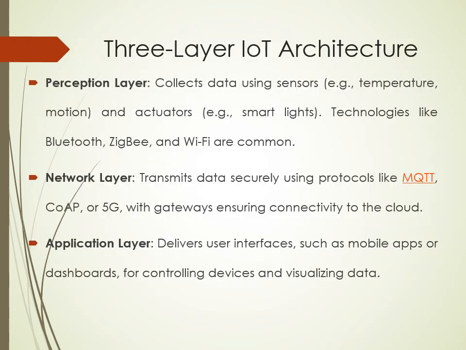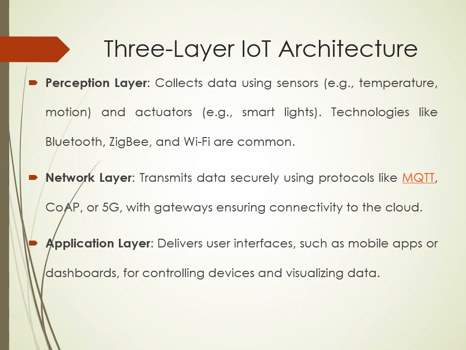Okay. So sometimes the IoT architecture might be a 3-layered architecture, or a 5-layered architecture, or a 7-layered architecture based on the application. Suppose you have a 3-layer IoT architecture, there are three main important layers. The first one is the perception layer. Okay. So what is the perception layer? Perception means seeing.